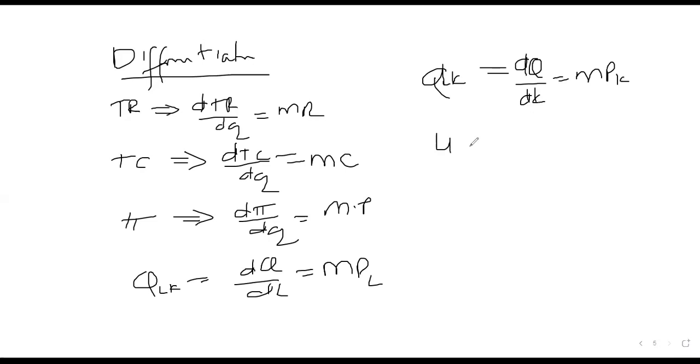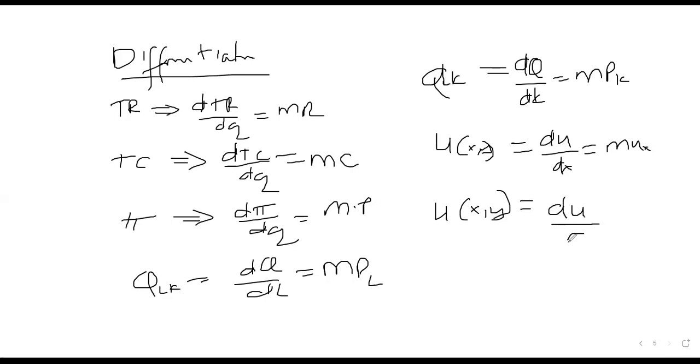Utility as well is with respect to X and Y. So du over dX, this is called the marginal utility of what? Of X. Again, with respect to X and Y, you can differentiate du over dY. This is called the marginal utility of Y. So this is how the song moves with differentiation.